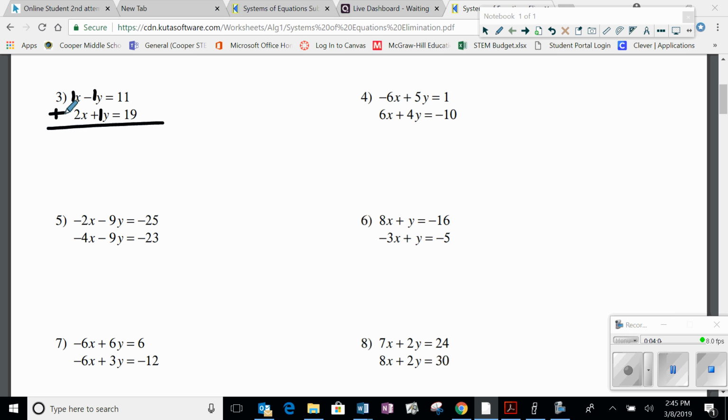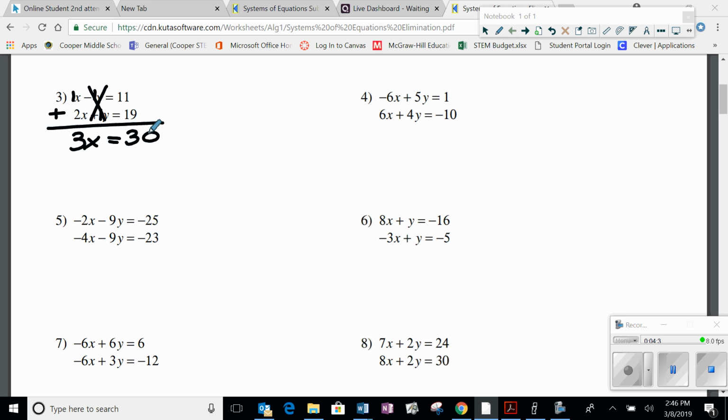So we're going to add 1x plus 2x is 3x. Negative 1y plus positive 1y eliminates or cancels out, equals 11 plus 19, which is 30.